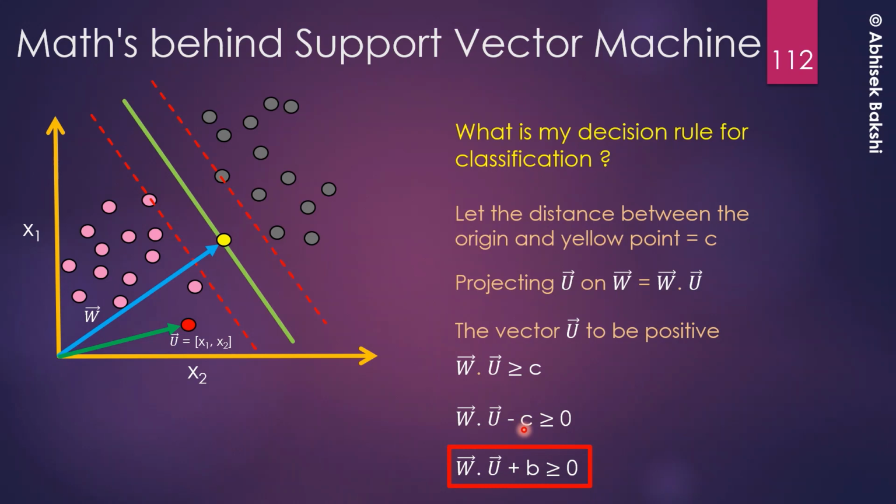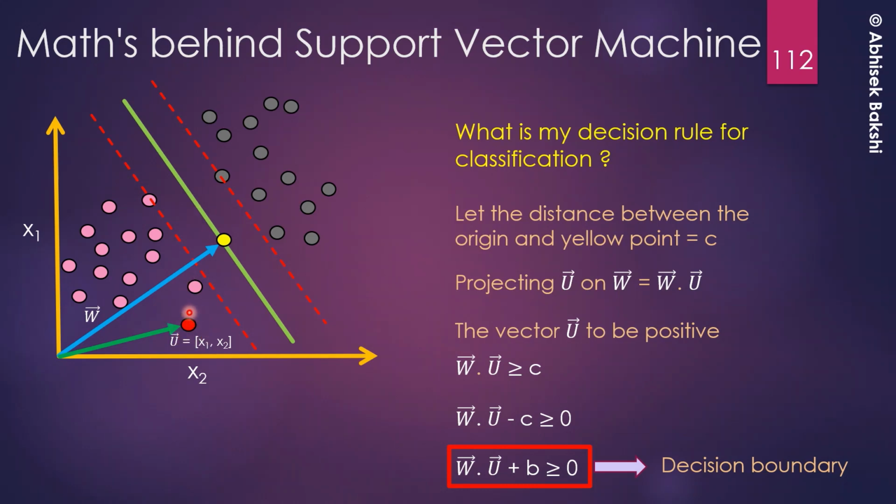In this case, you can say the general form of our decision rule can be defined something like this. So this is the decision boundary based on which we can decide on which side a particular point lies. So if w dot u, after projecting u on top of w, is less than 0, that means surely this u is on this side.